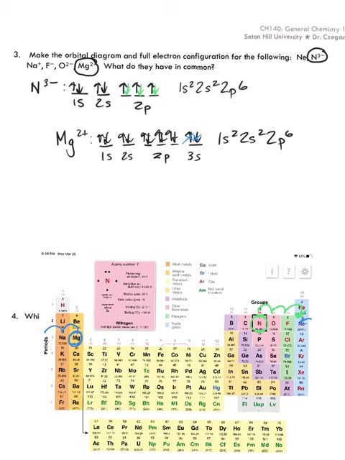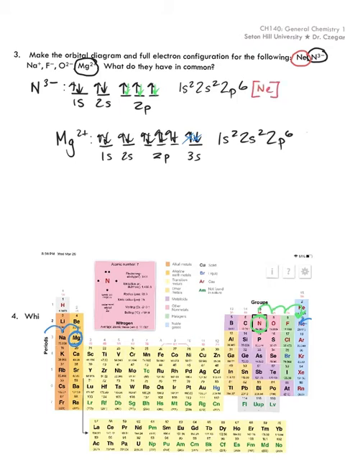The next part of this question says, what do they have in common? Now, we haven't done all of them, but it's pretty obvious that these 2 particular species have something in common with neon. If we wrote the noble gas configuration here, this would be neon.